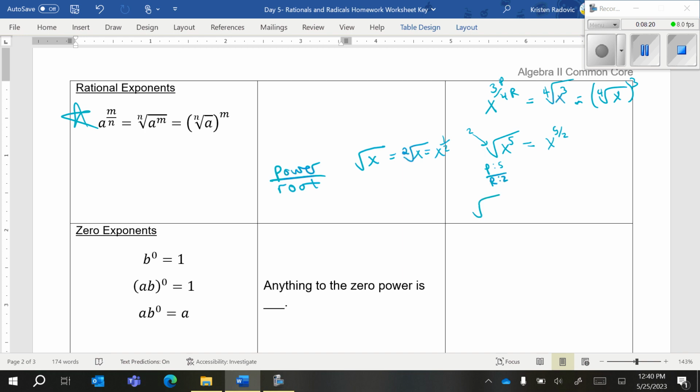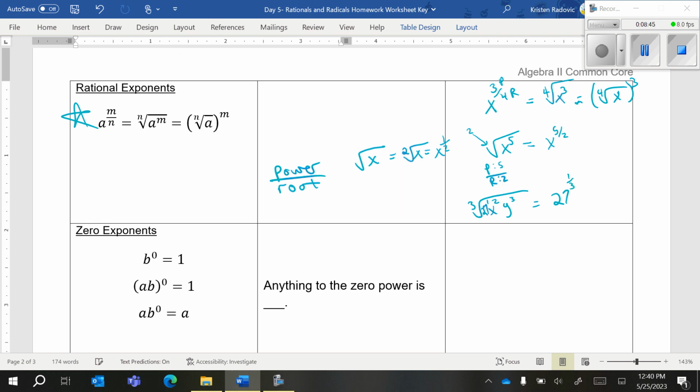So if you had, let's say, the 3rd root of 27 x squared y cubed. Now your root is 3. So this is 27 to the 1. The exponent here is 1.